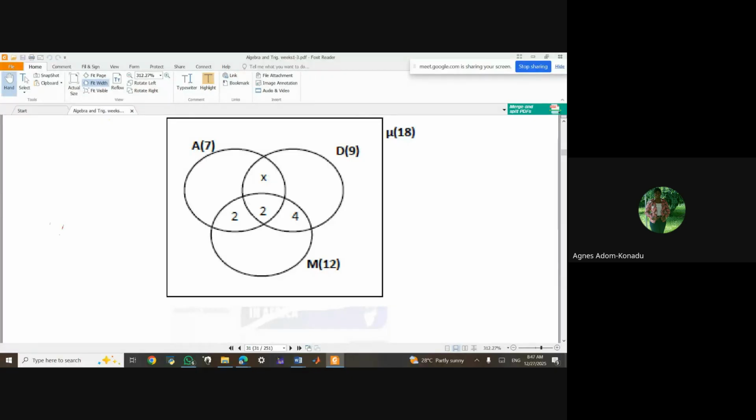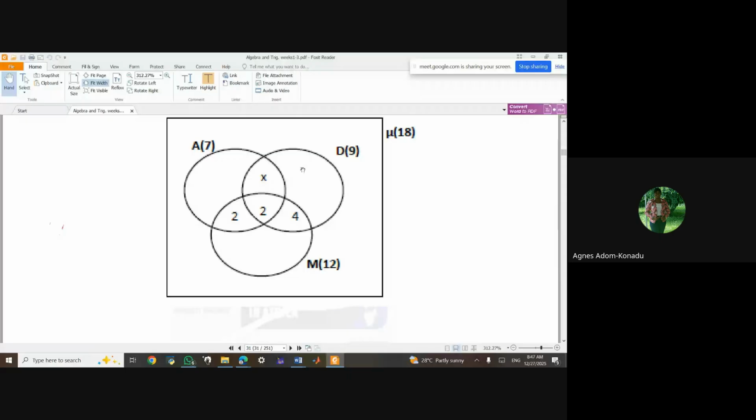What about the exactly 1? Exactly 1 is adding only the onlys. When we add all the onlys, we'll get exactly 1. So let's find A only. A only is 7 minus 4, which is 3.